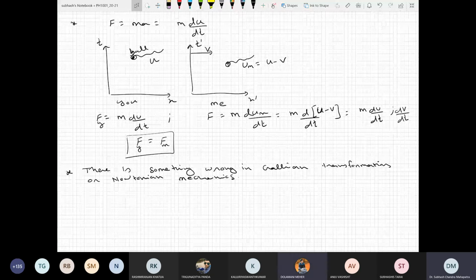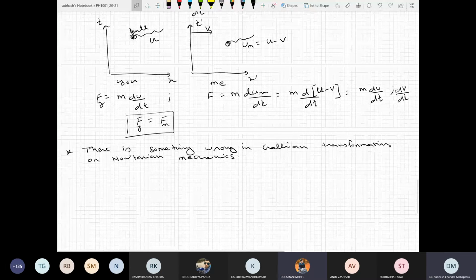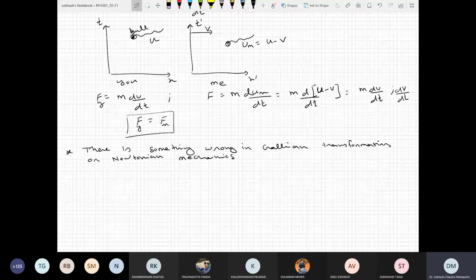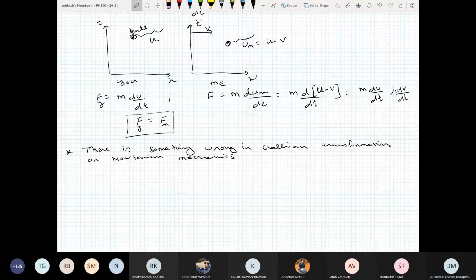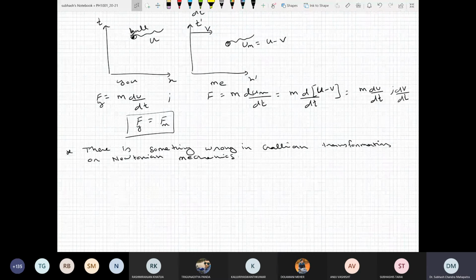Now I want to measure the force on the same ball, but I am moving with velocity v with respect to you. So how would I measure it? Fme is equal to m dum by dt, because the velocity of the ball with respect to me would be u minus v.